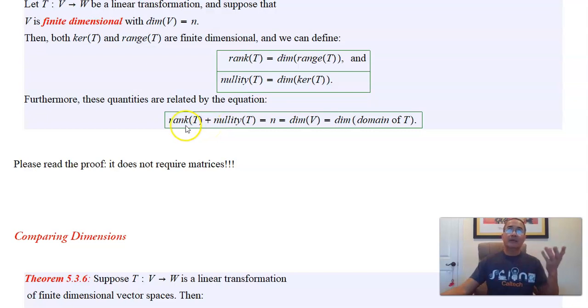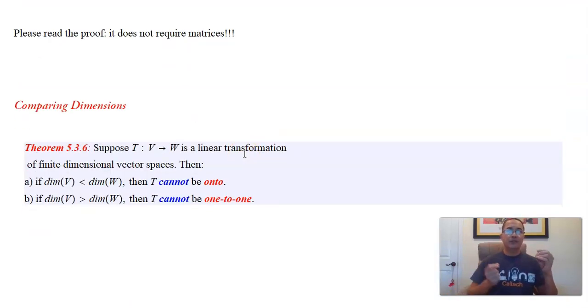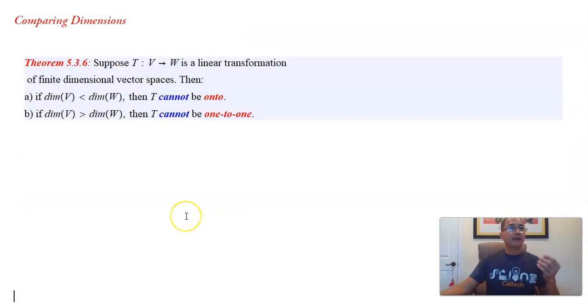Then the maximum rank will be the dimension of the domain, but that's n. So therefore the rank cannot be n, because the rank is strictly smaller than n. So if you're going from smaller to bigger, then you cannot possibly be onto.